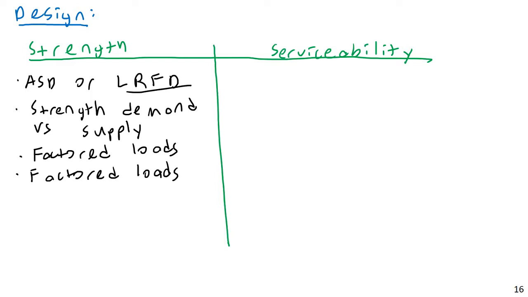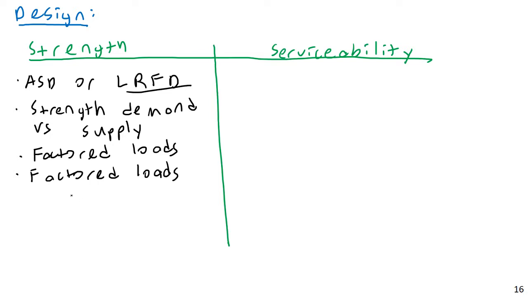And then in terms of strength, we'll do our best to predict what the strength of the structure is, what kind of axial load it will be able to take, what kind of moment it will be able to take. Then we reduce that, and we use a demand versus supply approach.